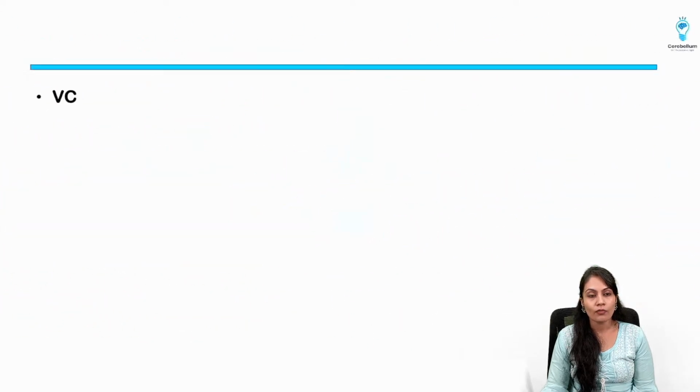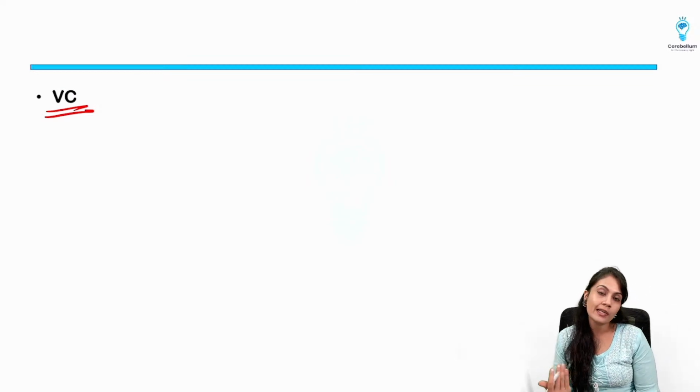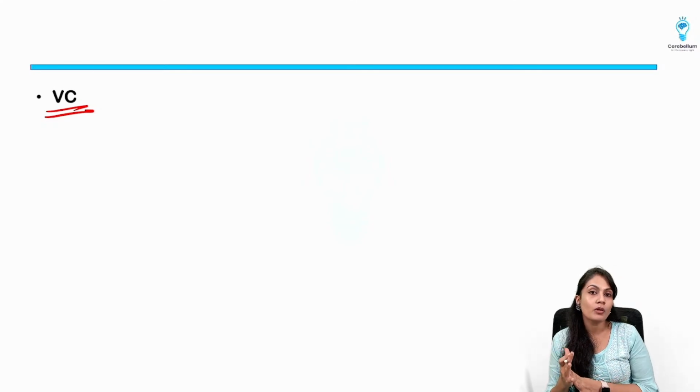So let's move on forward. Vital capacity. Remember, it's very important to measure the vital capacity. Why? Because physiologically it is also going to change, and later on when we talk about the dynamic volumes and capacity, it is also going to change there, right?